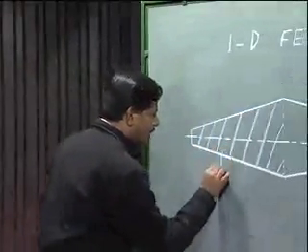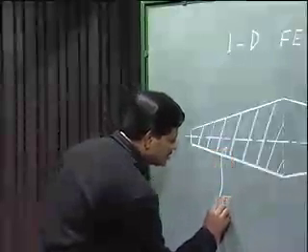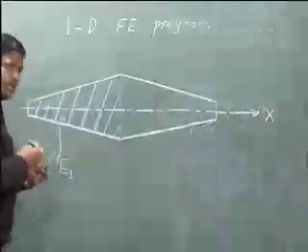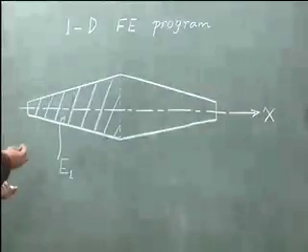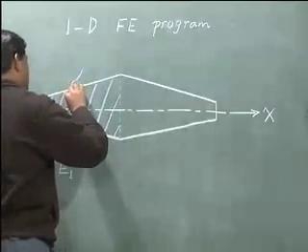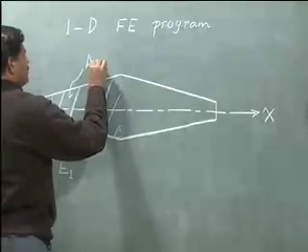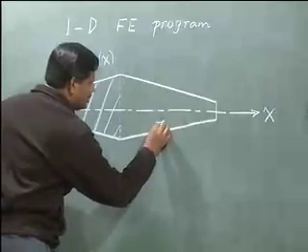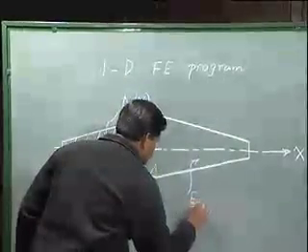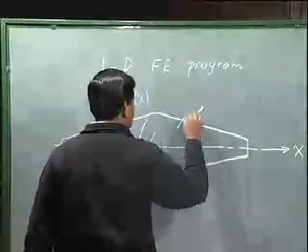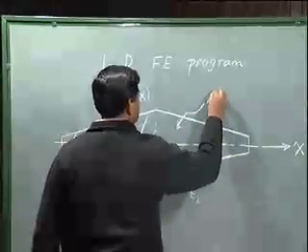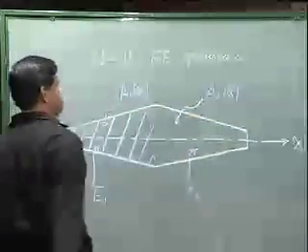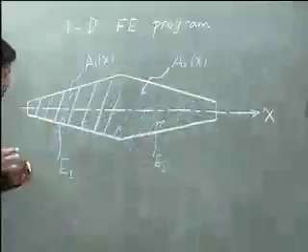Here we would like to have material constant E1, and the area, if you see in both the members, is tapered but with different taper ratios. So here I will say the area is A1 of x. In this member, the Young's modulus can be E2, and the taper is given by A2 of x. So this is what we would like our code to handle.